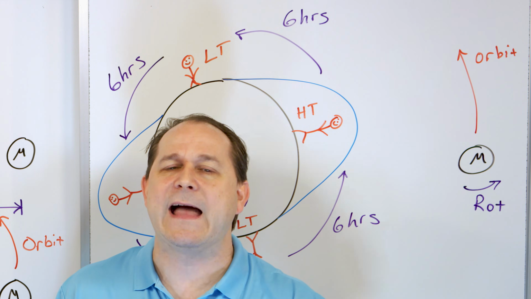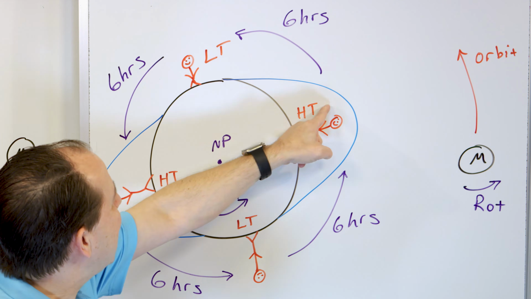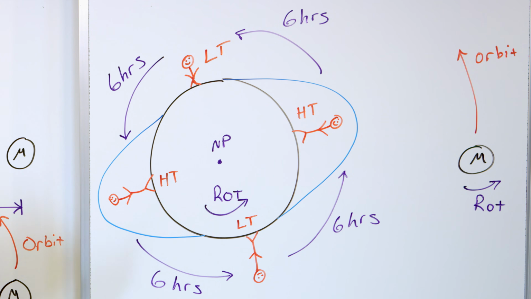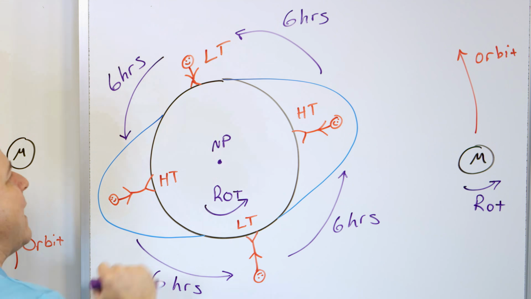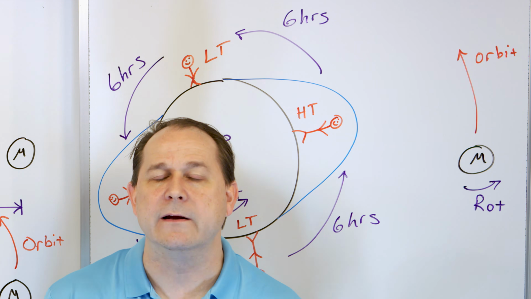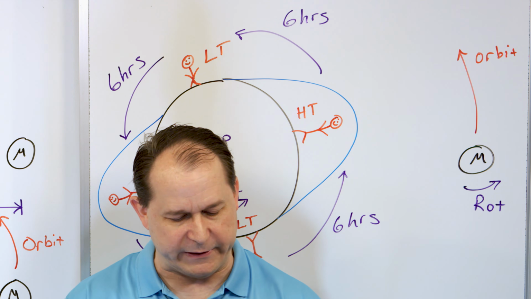But if you eliminate that in your mind, you can just say it's about 6 hours. So from a high tide to a low tide is about 6 hours. From a low tide to a high tide is another 6 hours. So from one high tide to another high tide is 12 hours. So we generally say that the tides are 12 hours apart. That's what we mean: high tide to another high tide is about a 12-hour period.